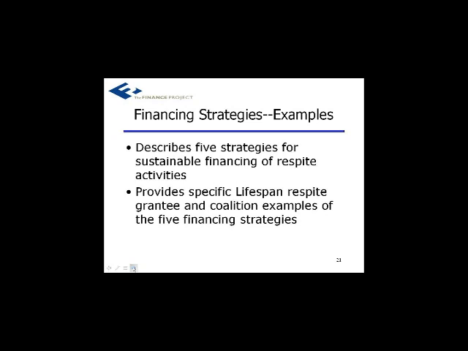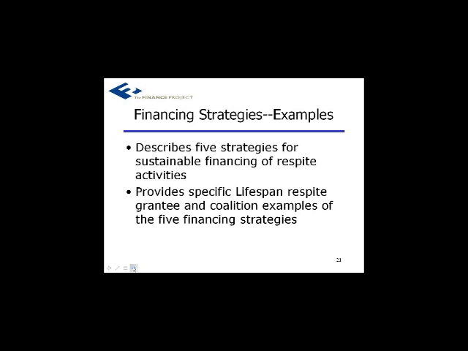At the Finance Project, we think of five financing strategies, and a truly sustainable initiative uses a combination of these five strategies to find the funds to keep their doors open and keep providing services in their community.